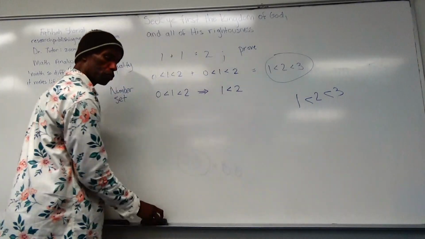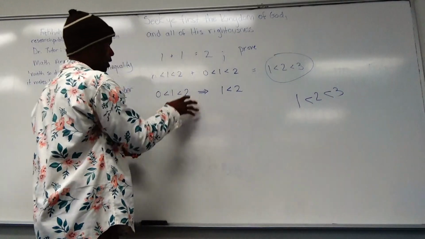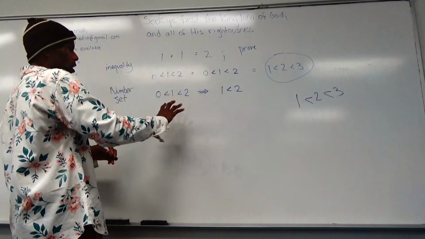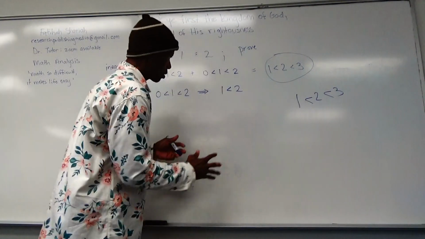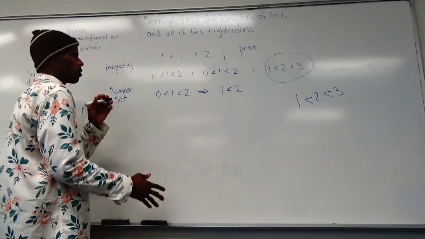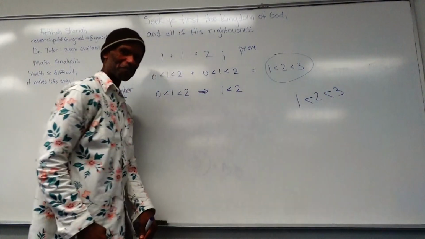So now we want to use the script. Using the script, we have to show that this side of the equality is going to be equal to this side of the equality. Now look what we done. We got a little bit closer to 1 less than 2 less than 3.